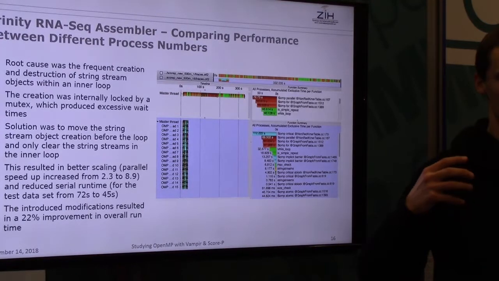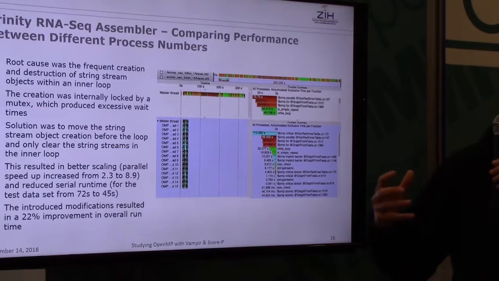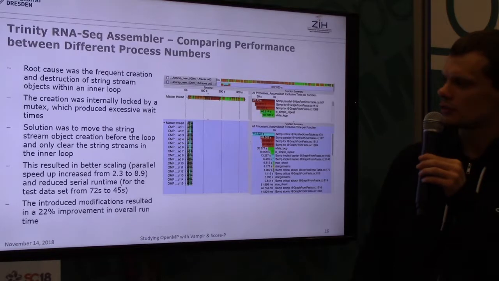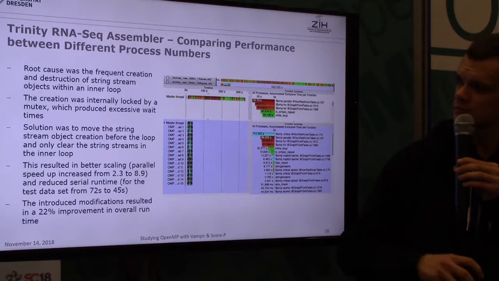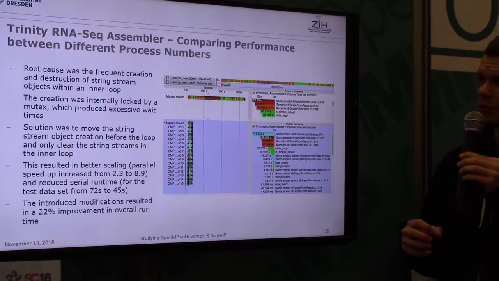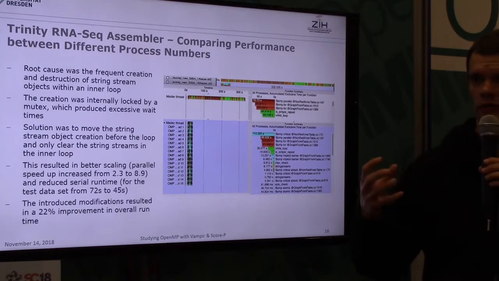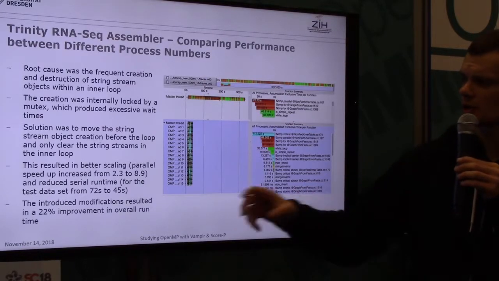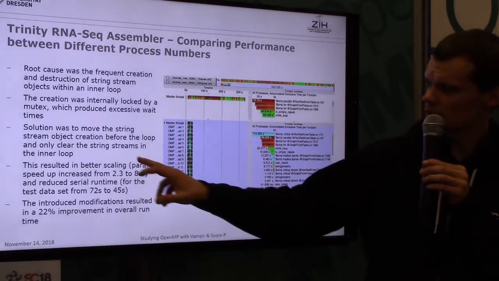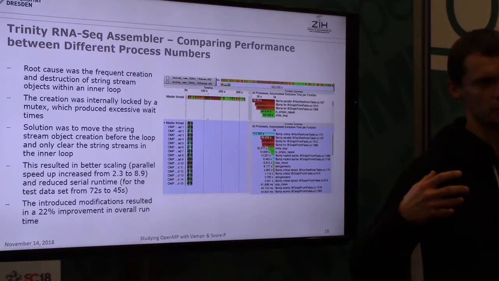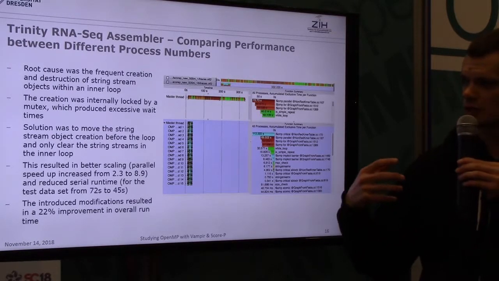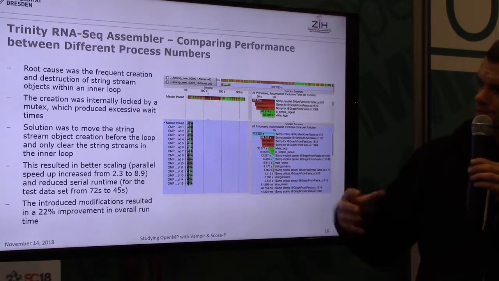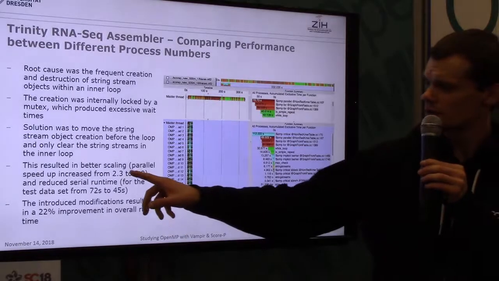So all the threads are competing for the lock, and the solution in this case was to move the creation of the string stream objects out of the loop, doing the creation of these C++ objects outside of the loop, and just clearing the strings inside the loop, so you do not create and destroy objects, but you only clear the content of the objects. And by this we were able to achieve better scaling.